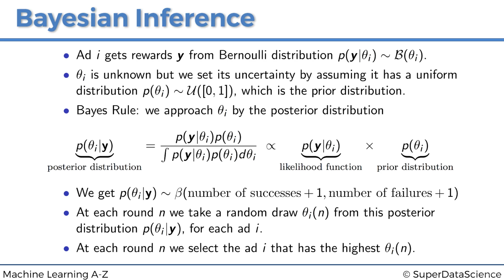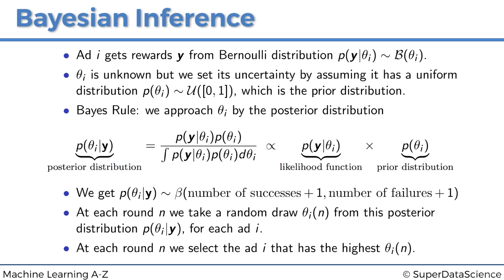And that's the whole idea behind Thompson sampling. We are trying to estimate these parameters theta that are the probability of success of each of these 10 ads. Then by taking these random draws and taking the highest of them, we are estimating the highest probability of success. And this highest probability of success corresponds to one specific ad at each round. So when we take these random draws at a specific round, we might be wrong.